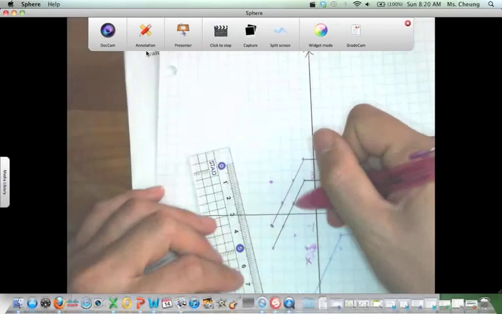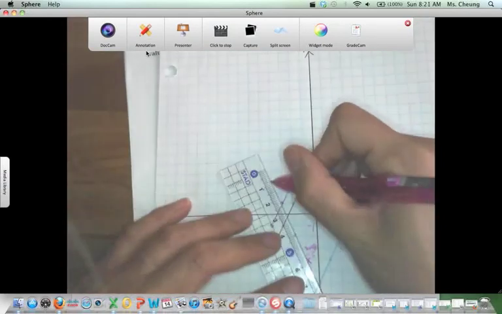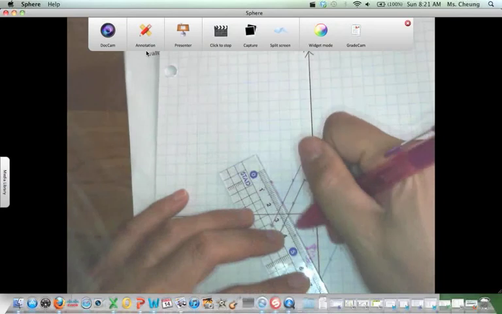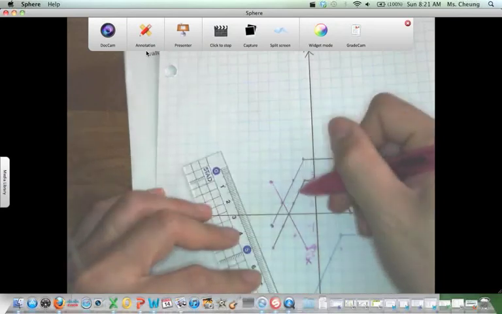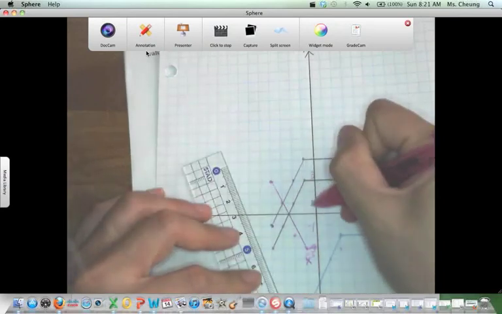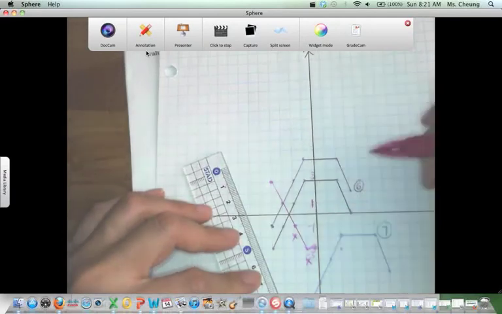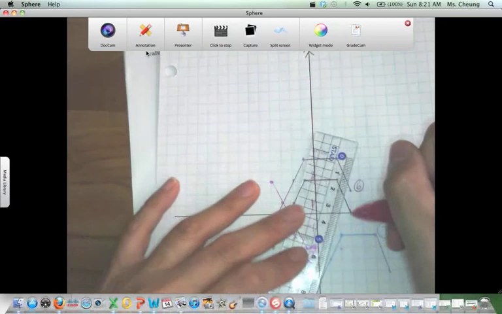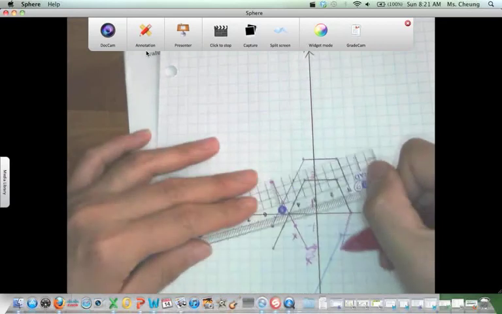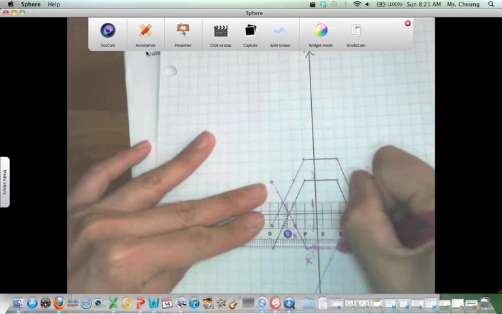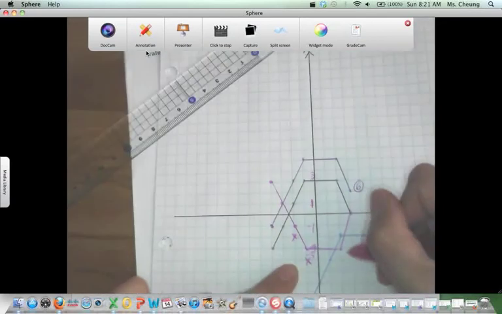Okay, this point is not correct when I draw the line, because this is positive 1, so negative 1 should be here. This one is not correct either. So I'm checking my work at the same time while I'm graphing it. This will be question number 8.